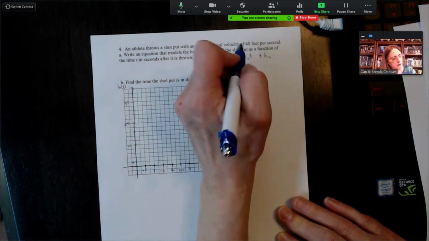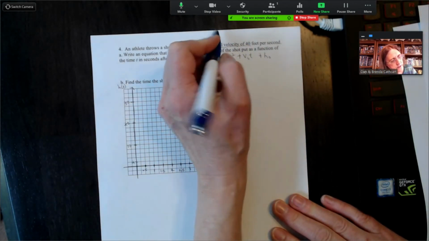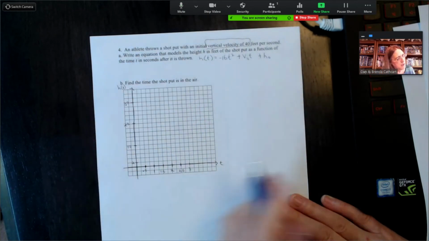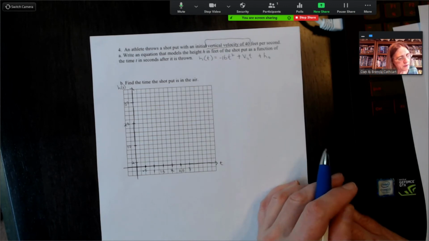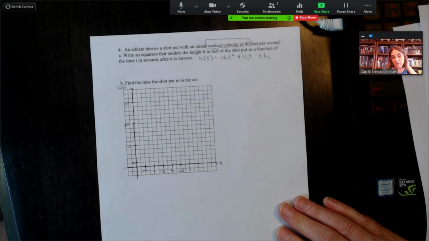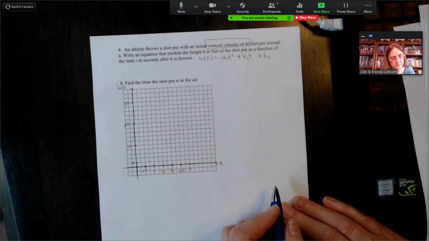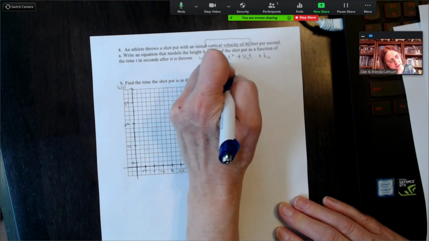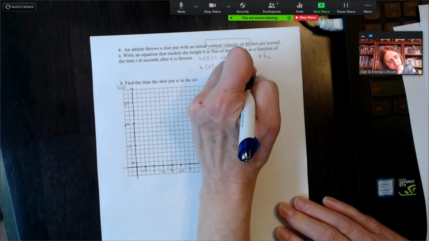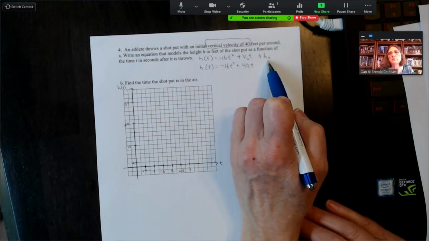In this case, we have our initial vertical velocity, and we're going to assume we don't have how high he is, so we're going to assume that he's throwing it from a height of the ground. Probably not, but we're going to use this as our height here because we're not given another height. So our h of t is equal to negative 16t squared plus 40t and our initial height of 0.